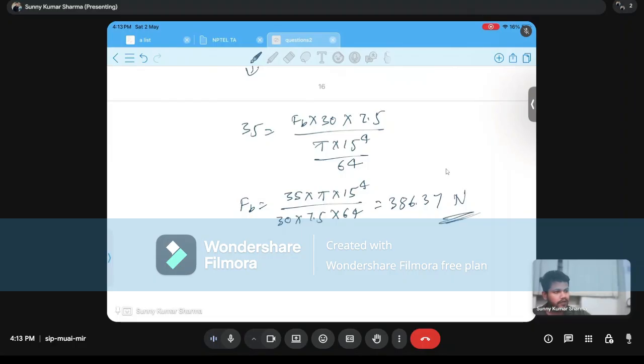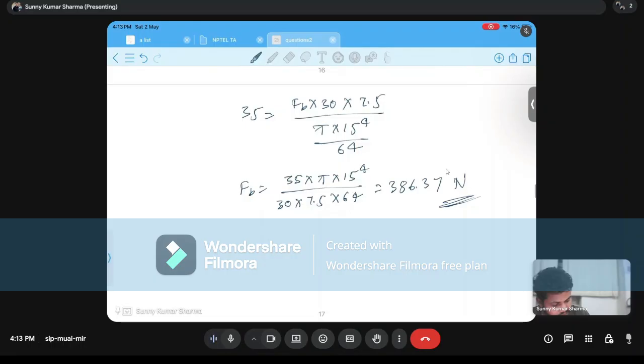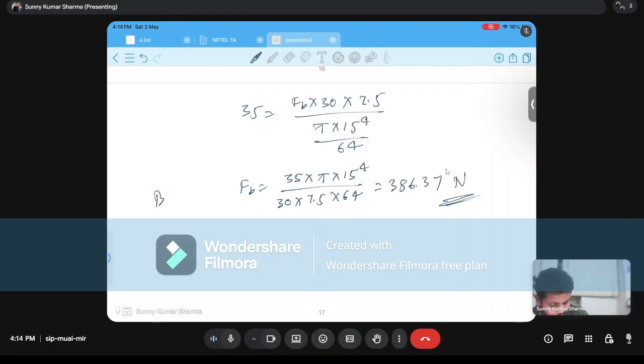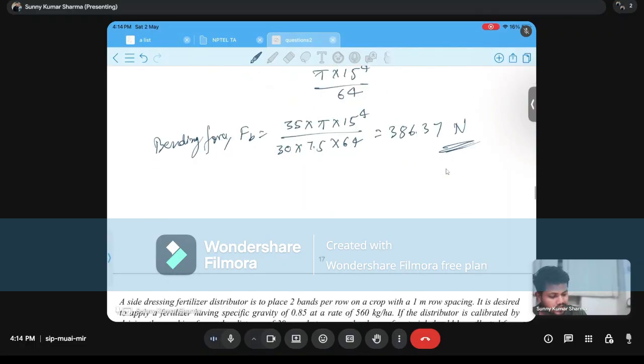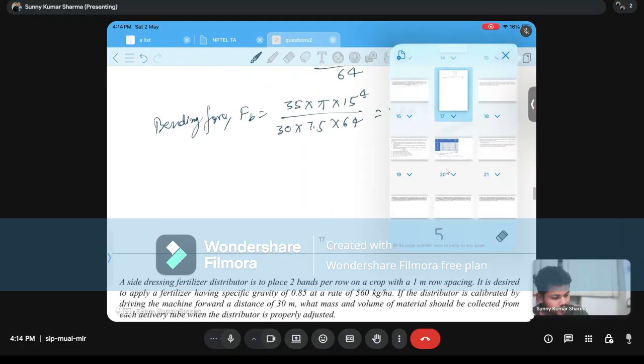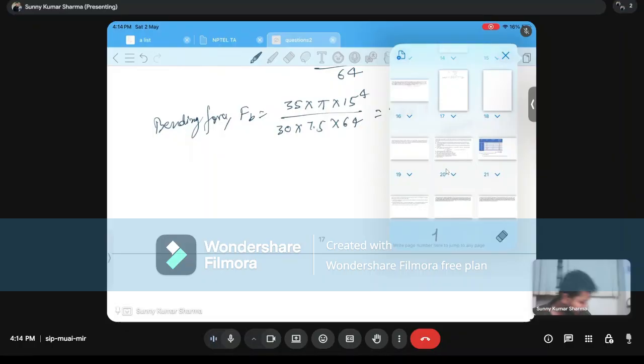So the FB value, that is the calculated bending force, is FB equal to 386.37 Newton. From here we will move to the next part.